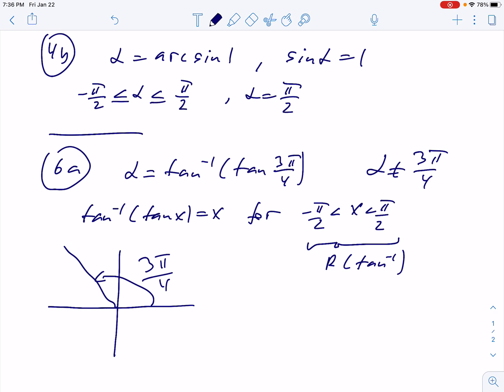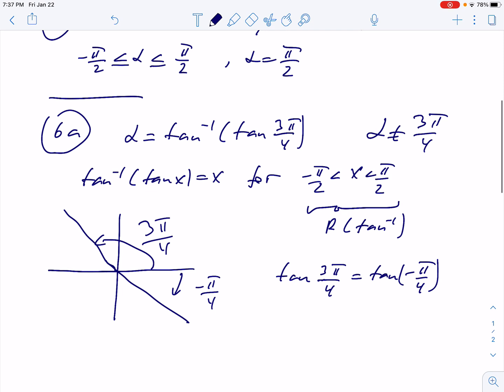Okay, if we continue the second arm of the angle like that, here we come to angle negative pi over 4, measured downward here. Tangent 3 pi over 4 is the same like tangent negative pi over 4. Follows from the definition of tangent. This is a negative value.